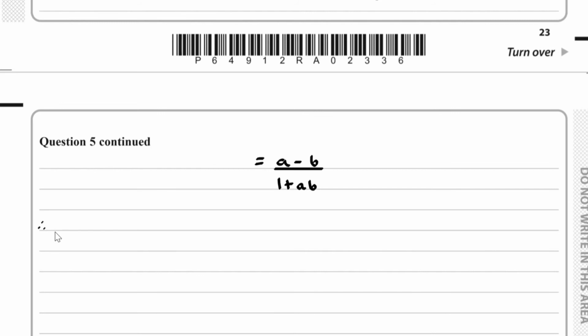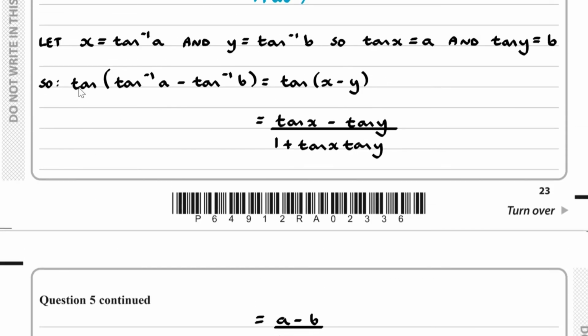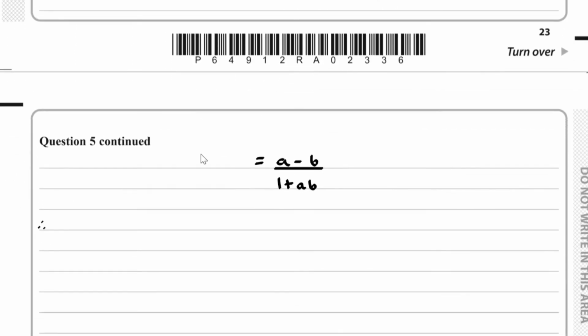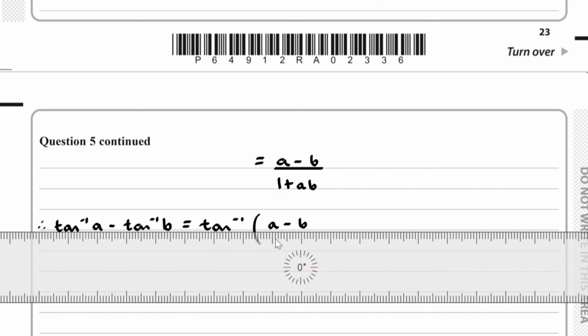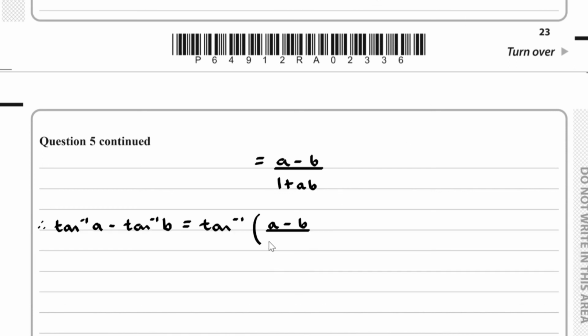So therefore, taking the arctangent of the tangent of this here, that will just give the inverse tan of A subtract the inverse tan of B, and that will equal the inverse tangent of A minus B over 1 plus AB.